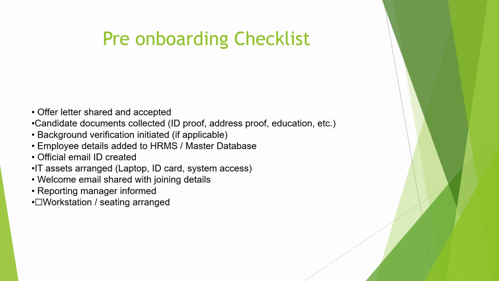That is the pre-onboarding checklist we always need to follow. His ID card, then IT assets arranged: laptop, ID card, system access. On the first day, you don't need to rush wondering which asset to give to the employee. That should not be a question on the joining day; it should already be resolved.